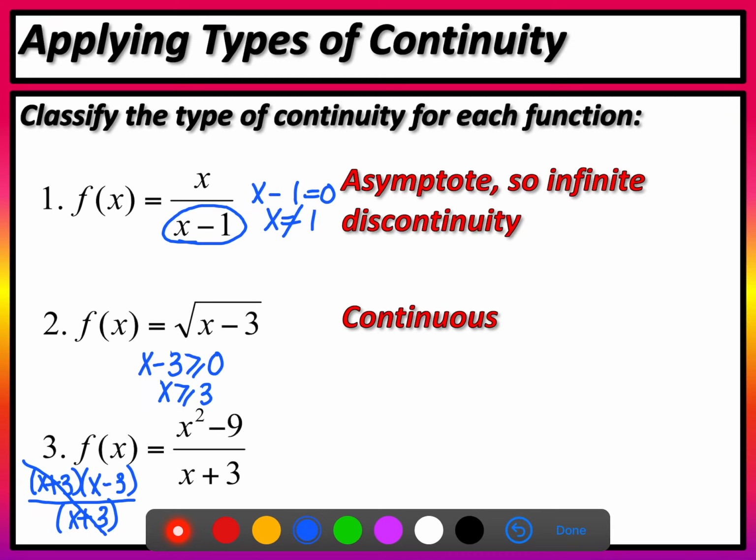So remember that a hole accounts for a removable discontinuity. Now there are some situations where you could have multiple types. It could be infinite as well as removable. It could be jump as well as infinite. These just happen to have one each. So those are your different types of continuity.